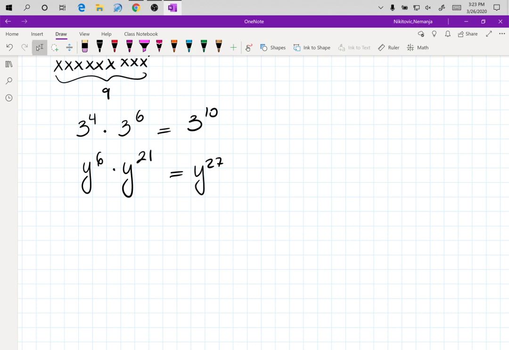All right, now how about this one? This one is going to be a little bit trickier. 3x to the 6 times 4x squared y. This one is really tricky, right? Or maybe not. I don't know. Maybe you guys are experts already.